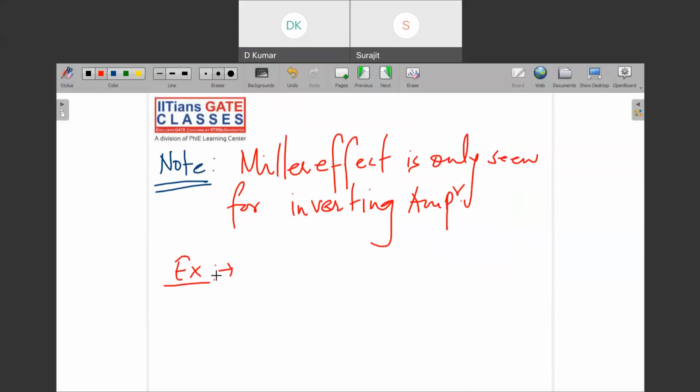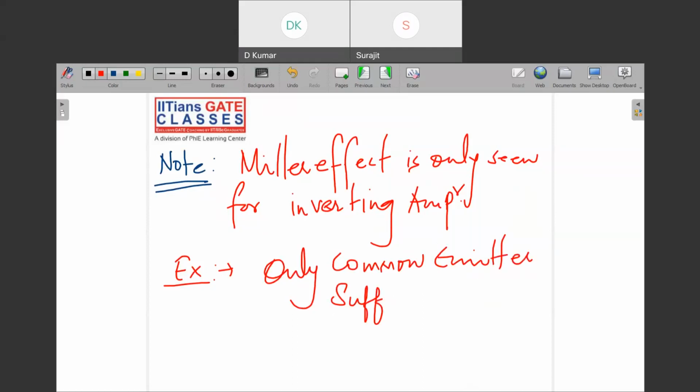In BJT you will see that there are three configurations: common emitter, common base, and common collector. So only common emitter suffers from the Miller effect. Remember, only common emitter suffers from the Miller effect.